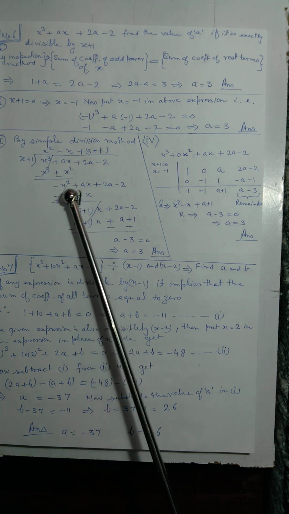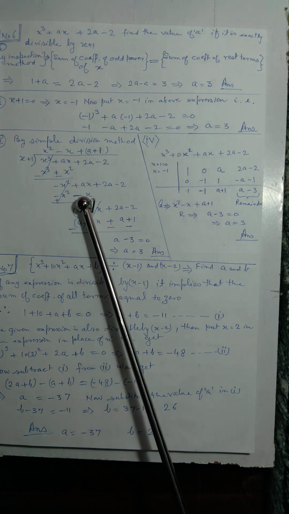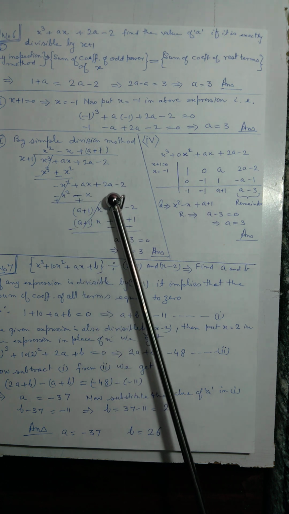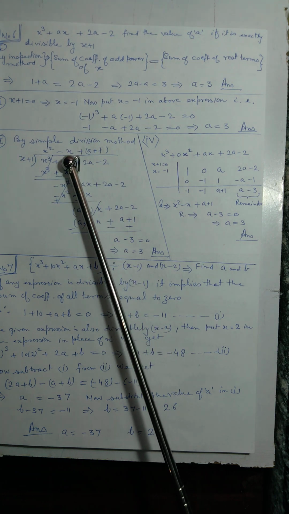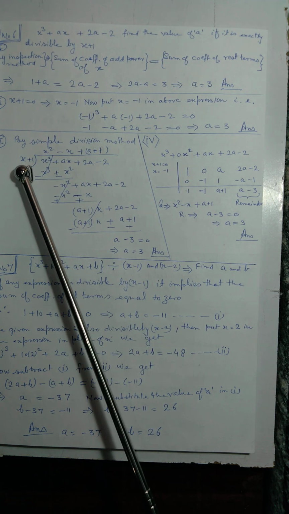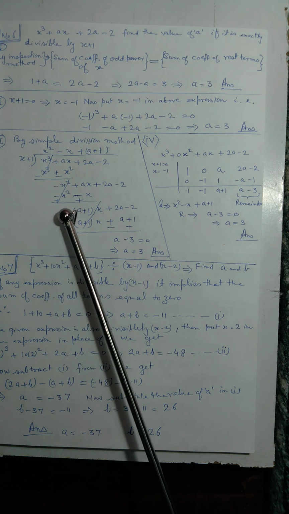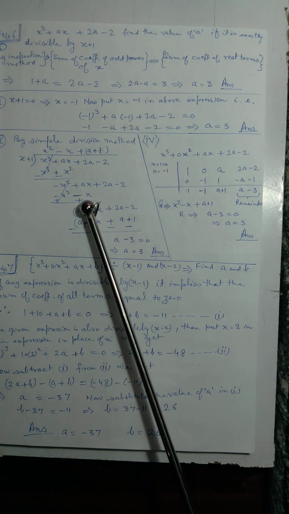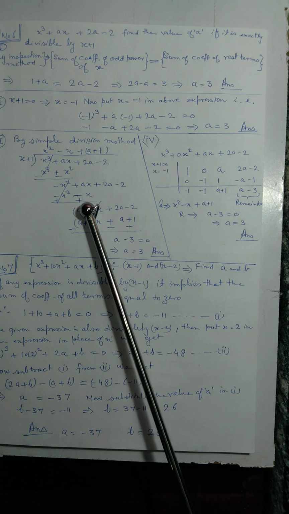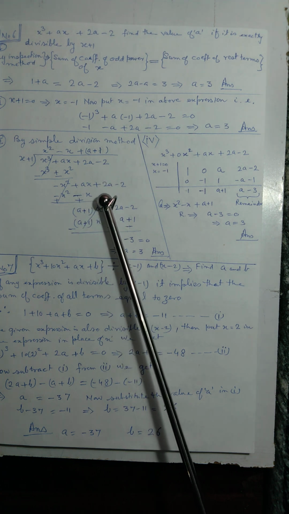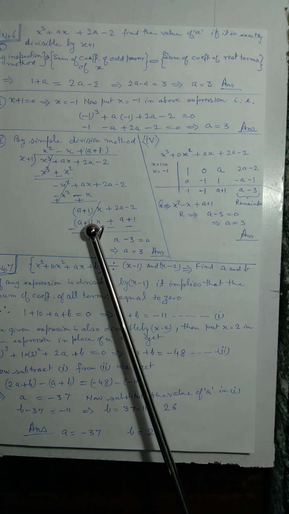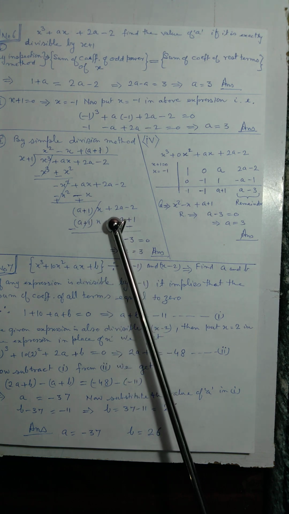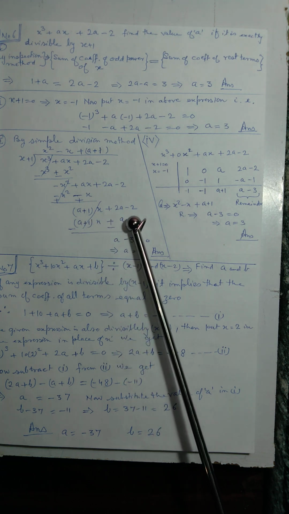Now subtract it, you will get minus x square plus ax plus 2a minus 2. Now take minus x as a quotient and multiply it. You will get minus x square minus x. Now change the sign and subtract it. So you will get here a plus 1 x plus 2a minus 2.